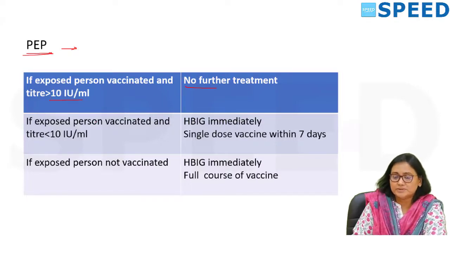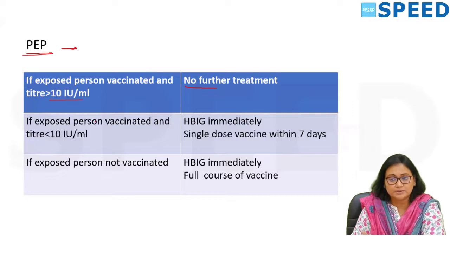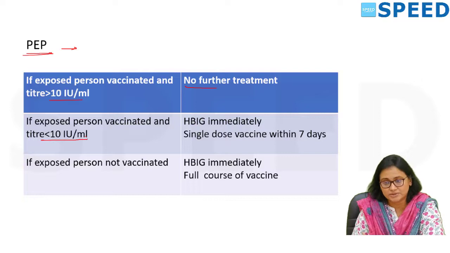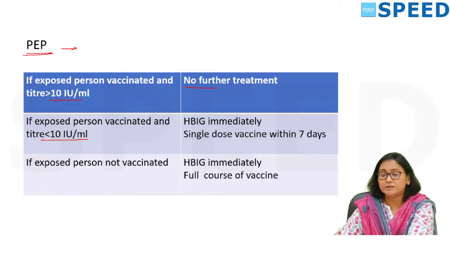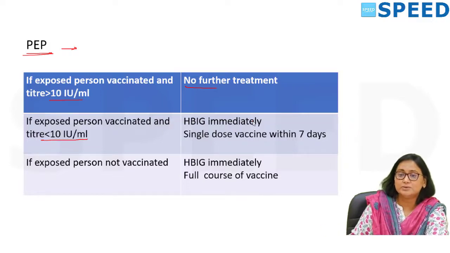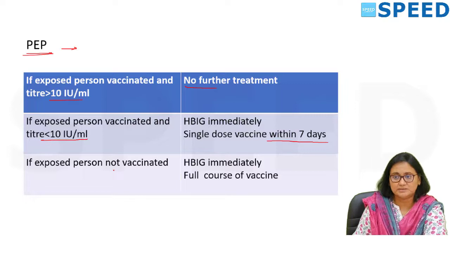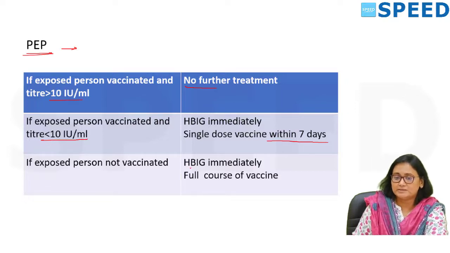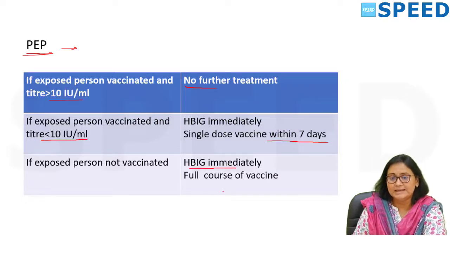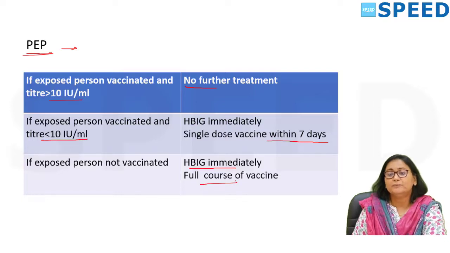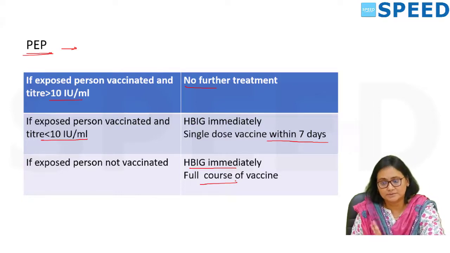If the exposed person is vaccinated but protective titer is not satisfactory, below 10 international unit per ml, you have to give hepatitis B immunoglobulin immediately and single dose of vaccine within 7 days. If the exposed person is not vaccinated, he has not been immunized with hepatitis B vaccine, you will give hepatitis B immunoglobulin immediately, and then you will give the full course of vaccine for the person.